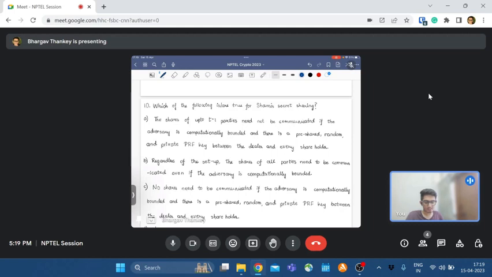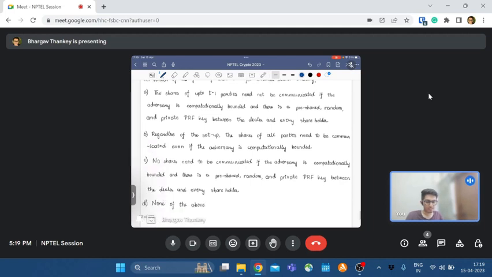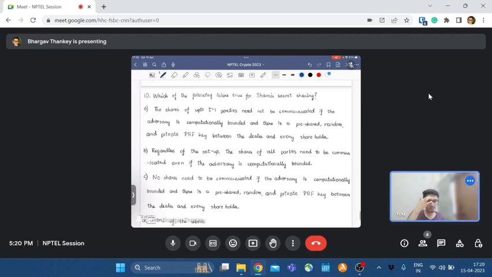Option C is no shares need to be communicated if the adversary is computationally bounded and there is a pre-shared random and private PRF key between the dealer and every shareholder. And option D is none of the above. So depending on what we saw in the previous question, would you like to guess which options are correct over here?